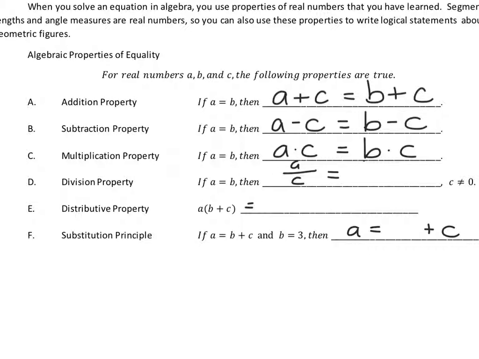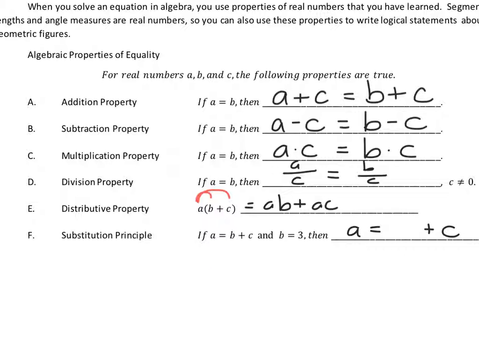If we divide by c, provided that c is not equal to 0, then we will divide b by c. Now the distributive property: if we take a times the group b plus c, and you distribute a times b and a times c, then we get a times b plus a times c.